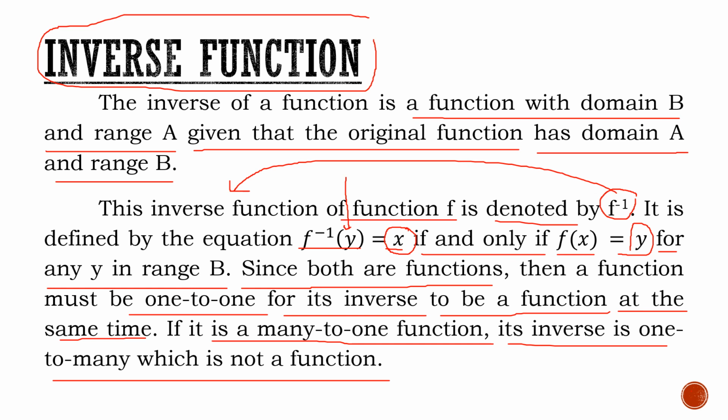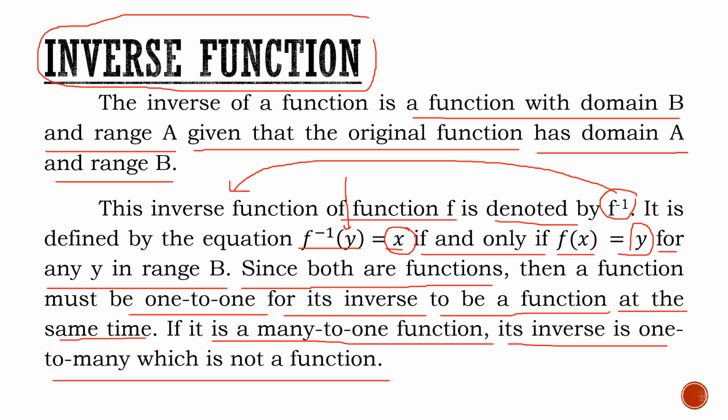One-to-many means that one value of x can provide two or more values of y, meaning there is a repetition in your x values. Therefore, this kind of inverse is not a function.